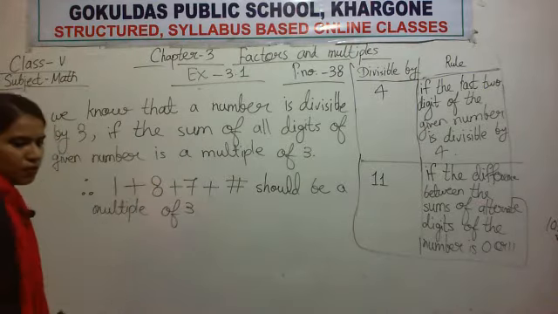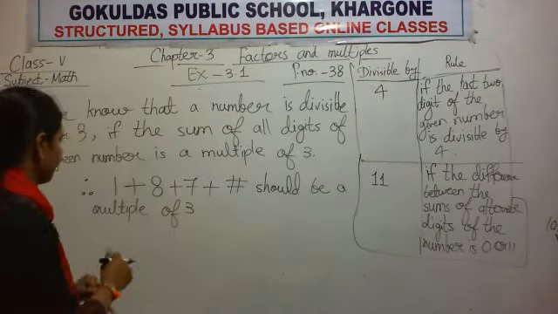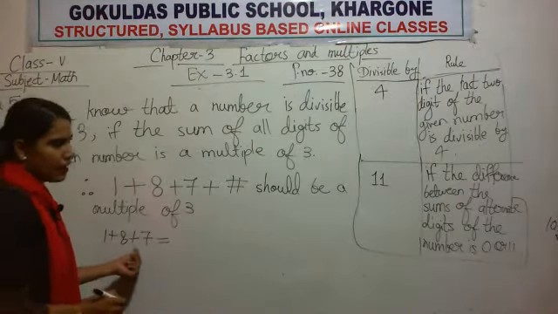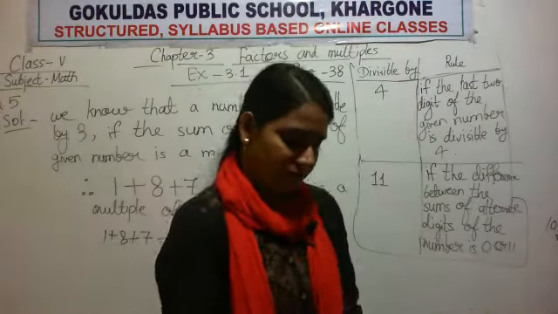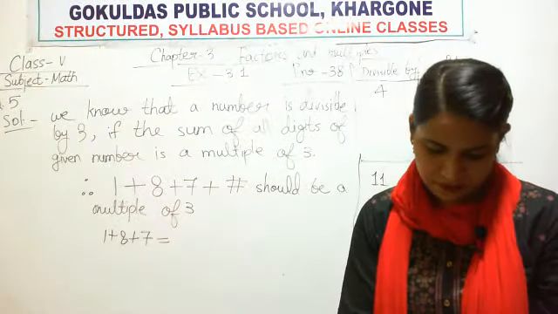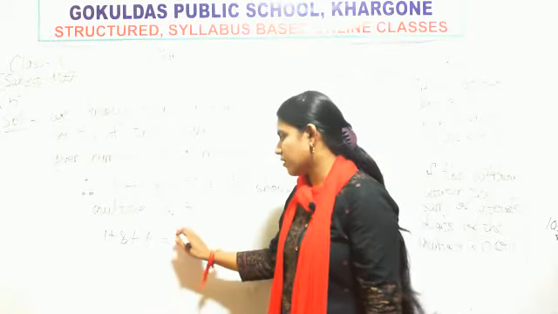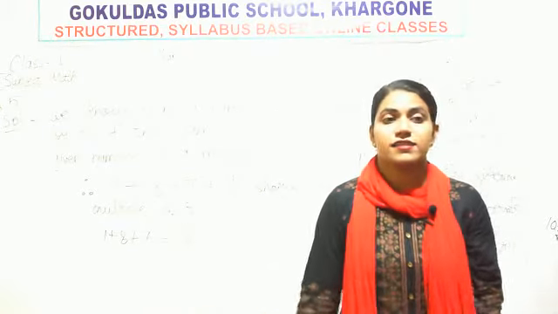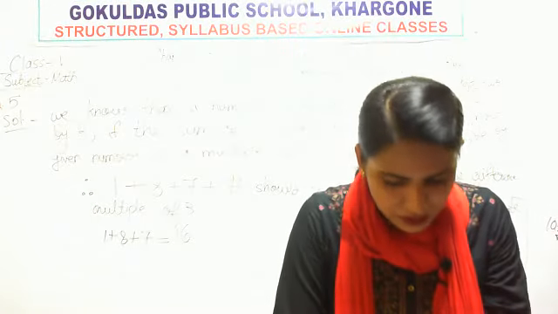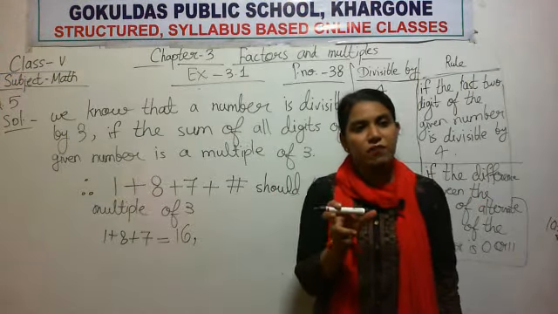Okay, now add all these numbers. 1 plus 8 plus 7 equals, 1 plus 8 is 9. 9 plus 7 is 16, right? So 16 is not divisible by 3. We want to form a number which is divisible by 3.